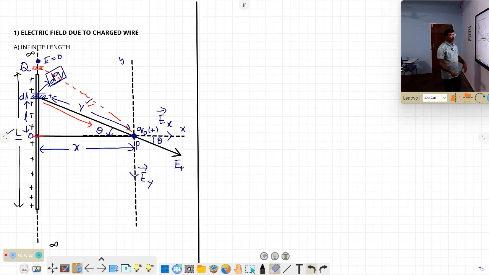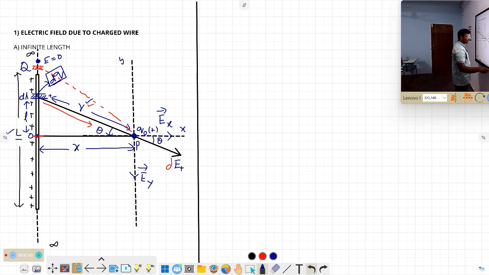Now come to the next case. This elementary portion produces an electric field. This electric field, whatever we have taken here, is also a small electric field. You take it as dE, the electric field. For understanding, we discuss normally. Now you can go for the exact expression of this one.